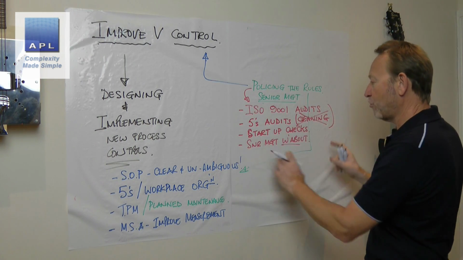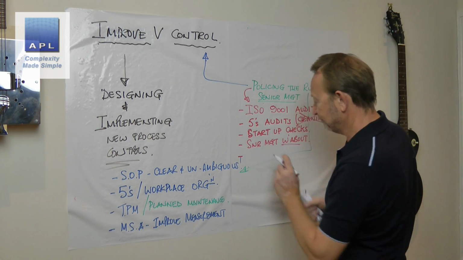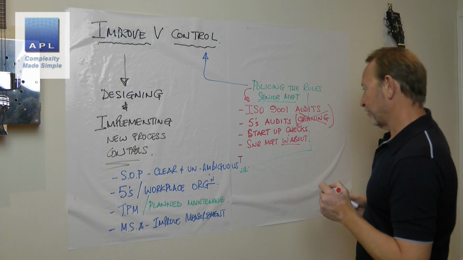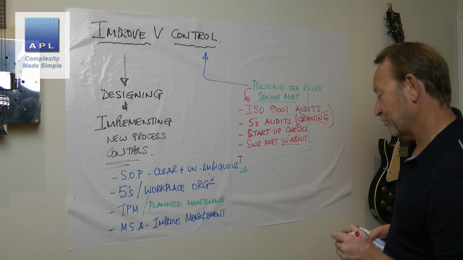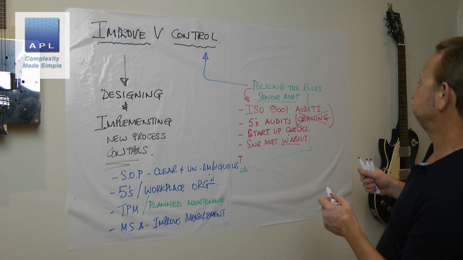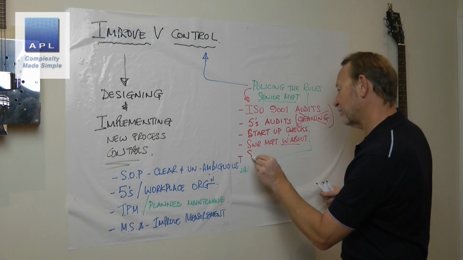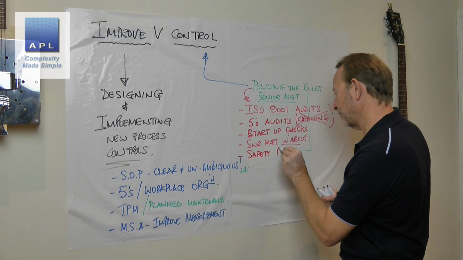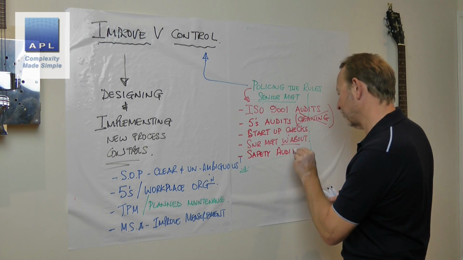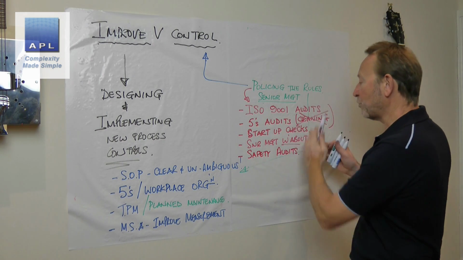But this control, what else could it be? I'm trying to think of other audits that you might be using. Yeah, you might even do safety audits. Yeah, they're probably part of the process deterioration as well. But they're all checks.